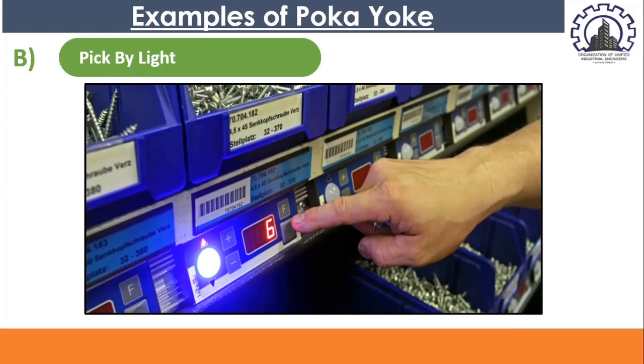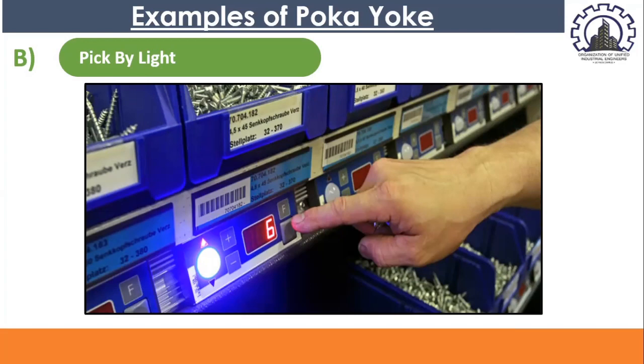And once we have completed the task, the light will either go off automatically based on sensors, or the operator will manually confirm the action by clicking the illuminated button, triggering the next light in the sequence to illuminate. So in addition to a light, some systems are fitted with a display showing the necessary quantity or other information.